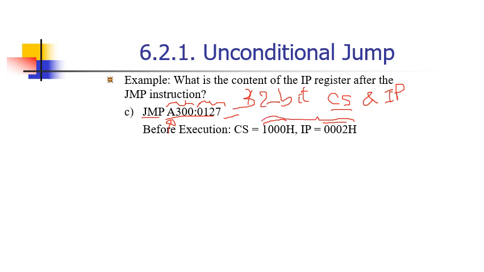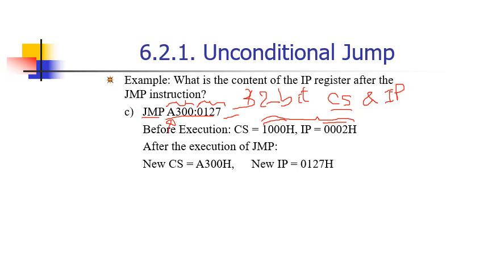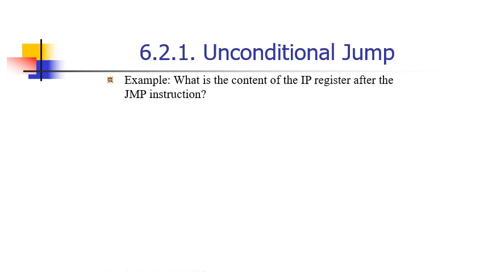Definitely you are going to change both CS and IP after execution. This is your new CS A300, and this is your new IP 127. So now you are in a new code memory segment starting at this address. Okay, another example.